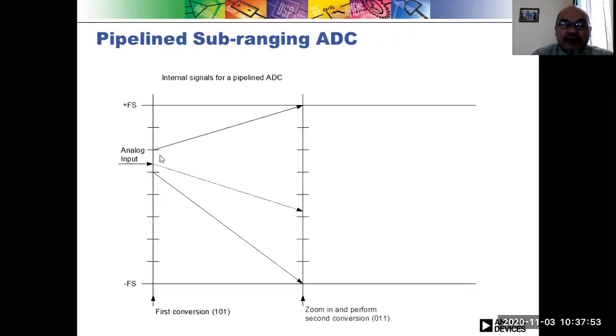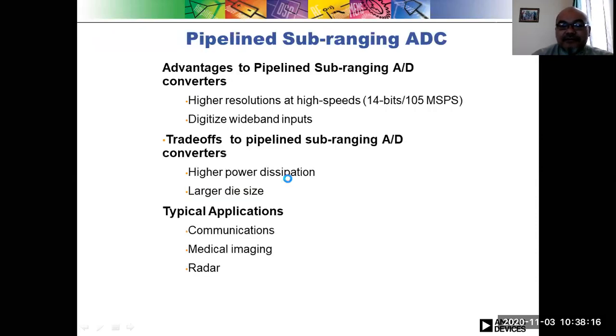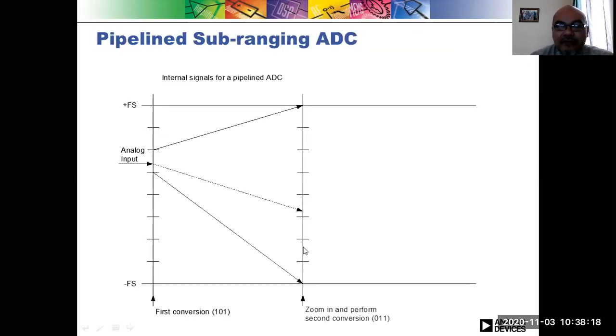Then the remaining part here, the remaining analog input, will be zoomed in and then perform another second conversion to get here. So this value is a little bit below half of the value of the 1-bit here. So then it will reach 1, 2, 3.